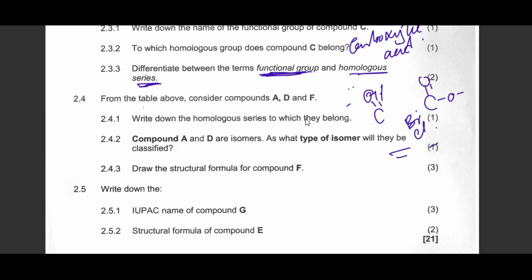And then a homologous series can be described as compounds with the same general formula, but one member will differ from the next by CH2. They have the same general formula, but the members only differ by CH2.